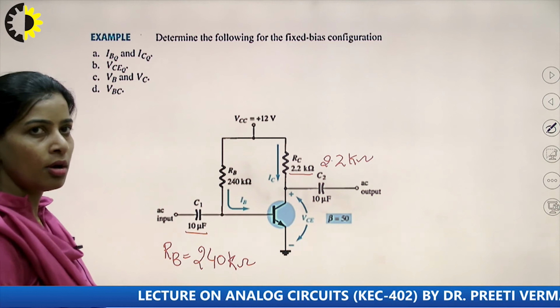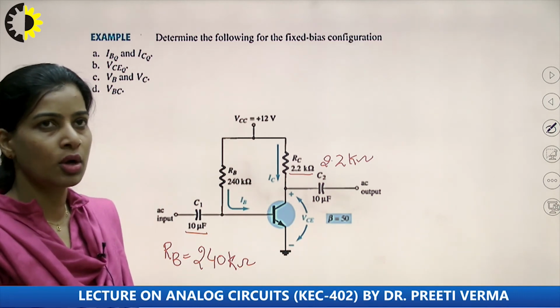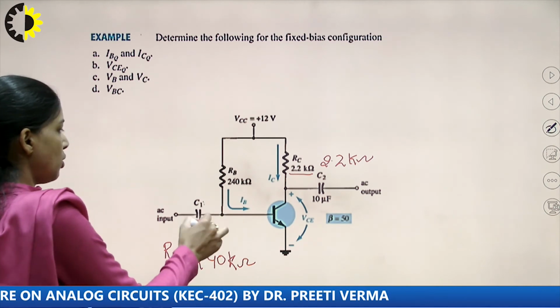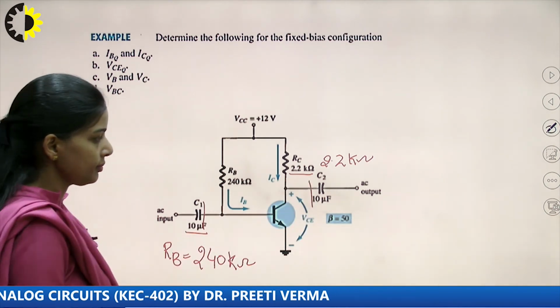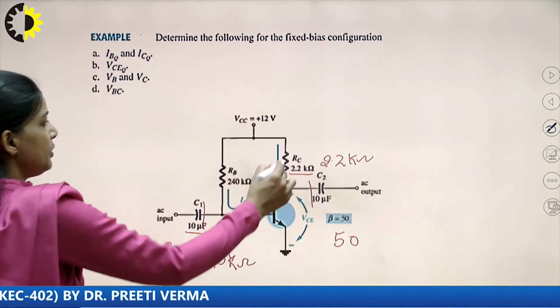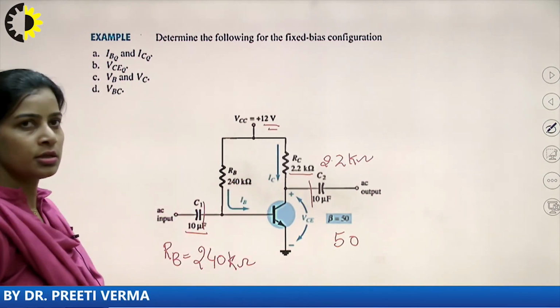That will not be of our concern because we are going for the DC values, so these will be open circuited. Beta is given as 50 and VCC is given as 12 volts.